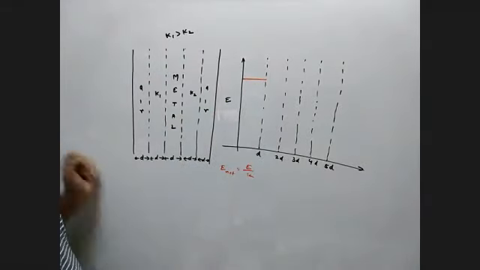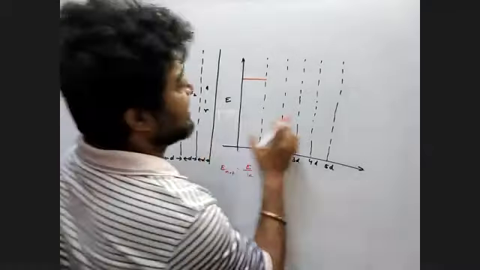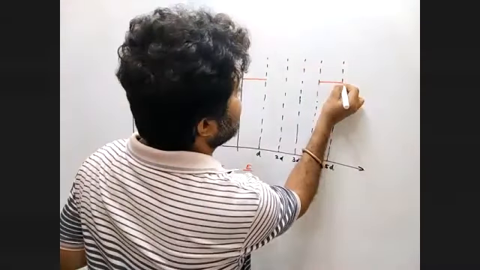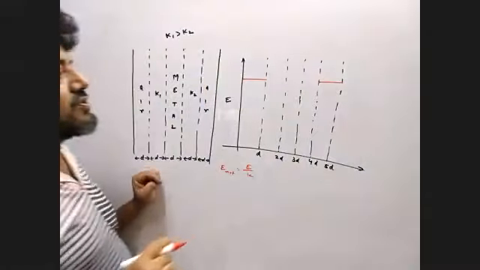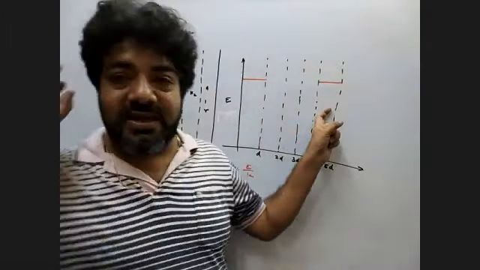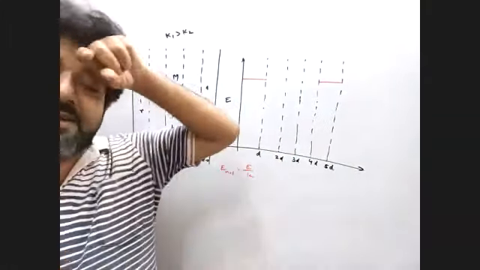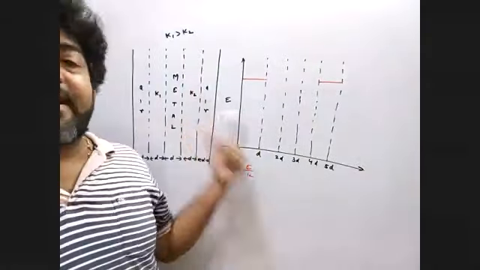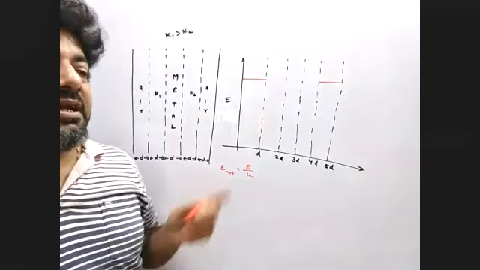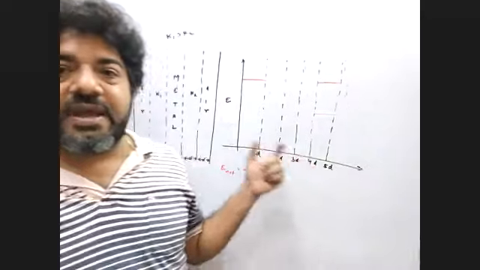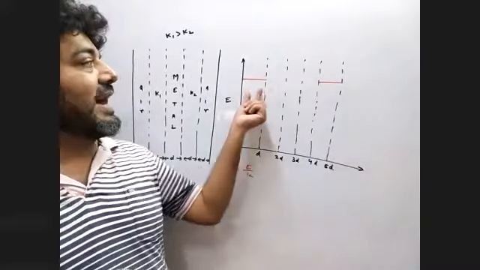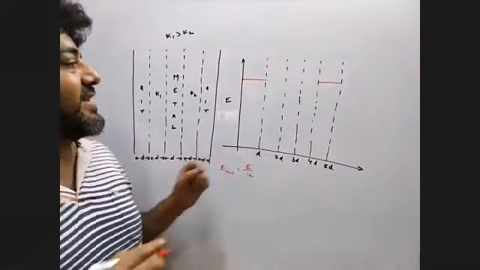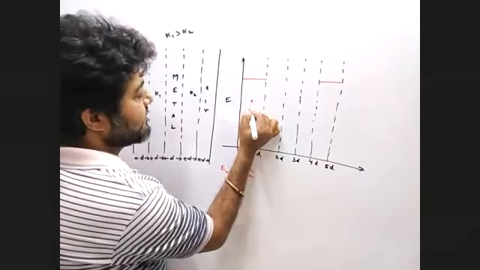The first one and last one are air, so in the first and last, my electric field is maximum and fixed. Why? Because we know that in a parallel plate capacitor, the electric field is a fixed, constant, uniform value, and it's maximum because the medium is air.